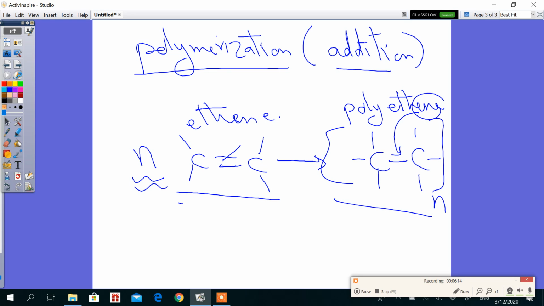LDPE is low density polyethylene or polyethene. Low density, that's the abbreviation LDPE. And HDPE is high density polyethylene, and so on. And CPE is cross-linked.